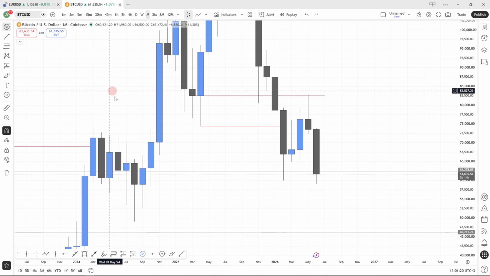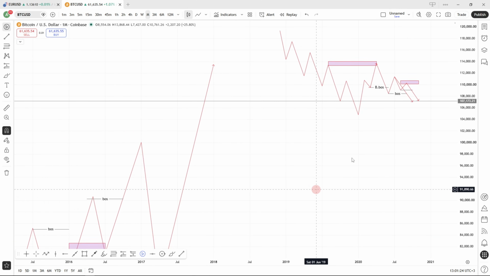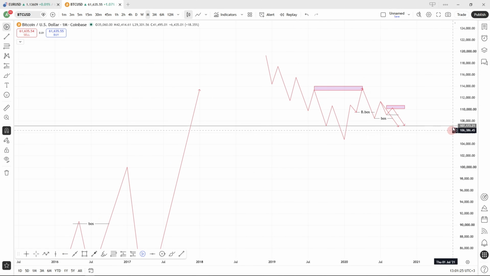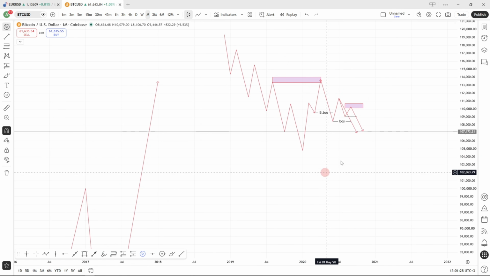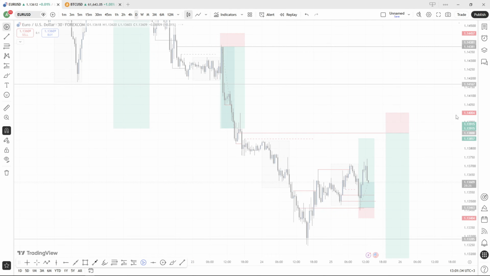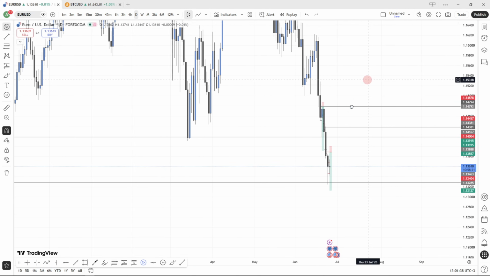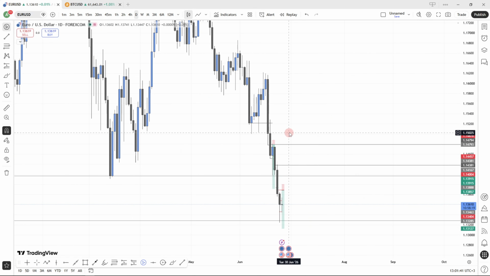Let me have it right here so that we can refer back to it. This is the model, the AJ strategy model. So on the Euro USD, let's go to the daily and explain how that works. Remember the first thing that we said: price has to react or reject a higher time frame key level.